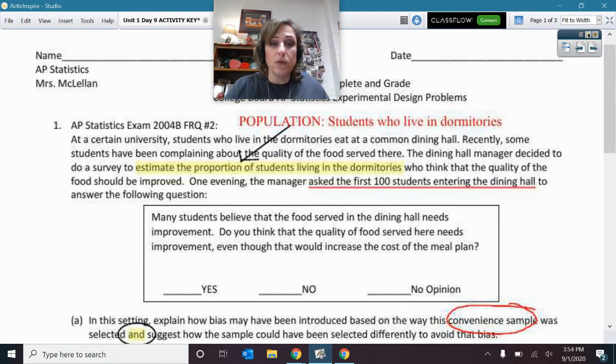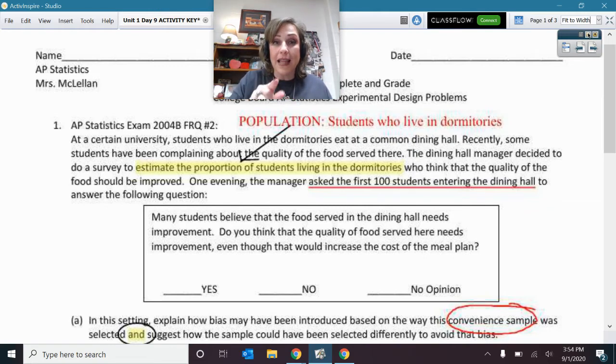This would be a convenience sampling because you're asking people coming into the dining hall about the food quality and service. So those people that come into the dining hall are not like all the students in the dorms. Some of the students that live in the dorms don't like the food in the dining hall, so they don't go to the dining hall.